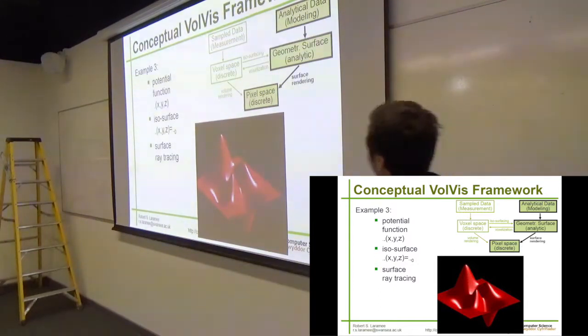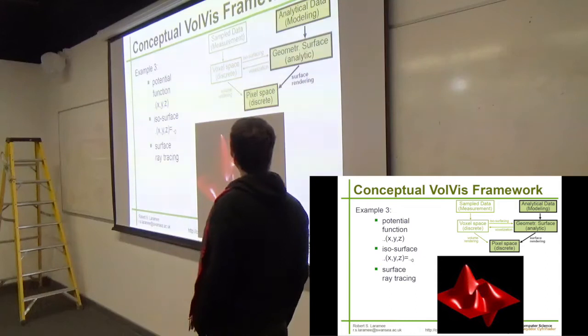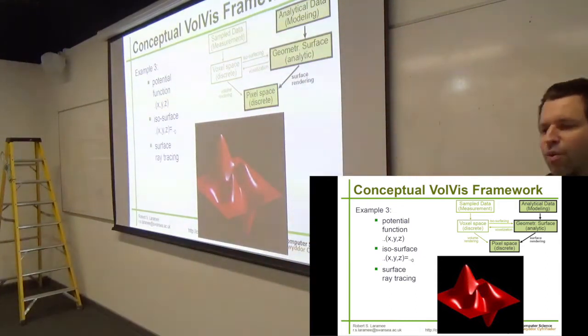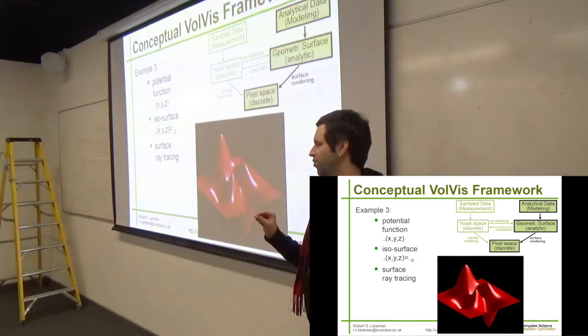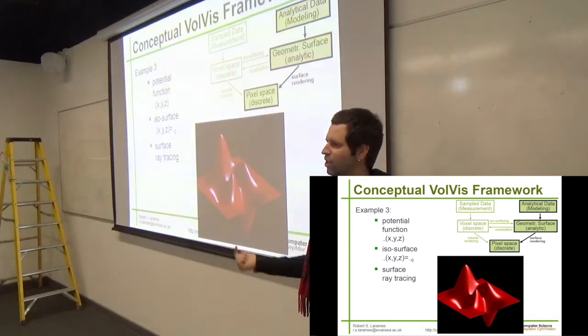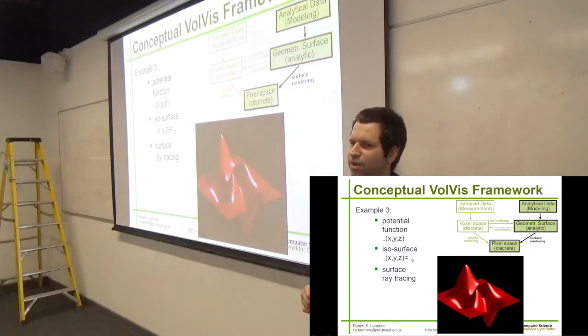Here's the example on the right side. Somebody starting with an analytical data set for modeling. That's a data set that's described by an equation, for example. You input a 3D coordinate, like x, y, and z, and then the equation gives you a scalar value in return, or a vector value in return.